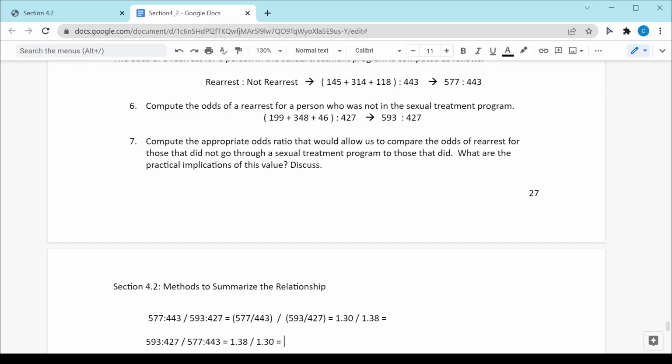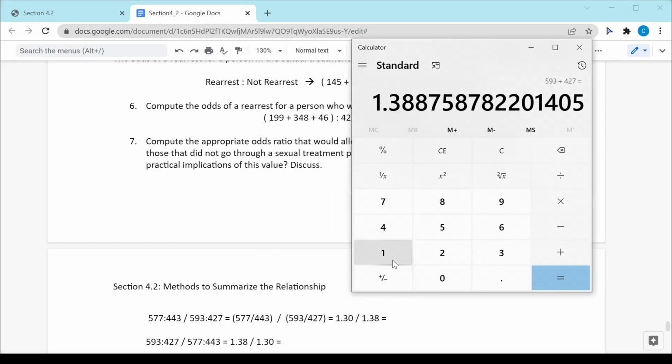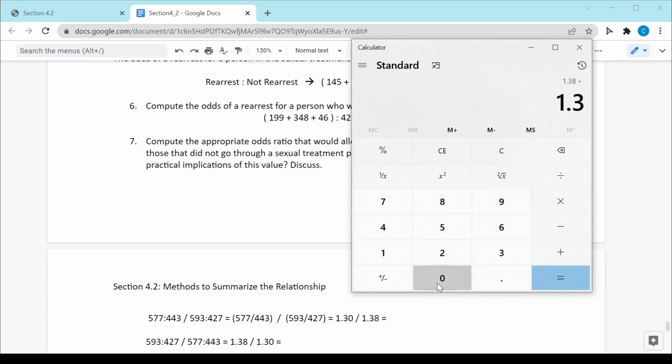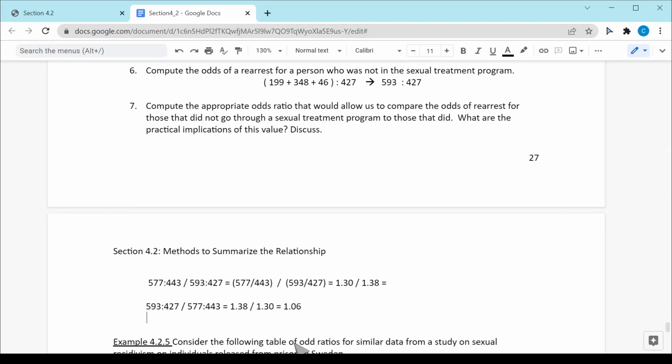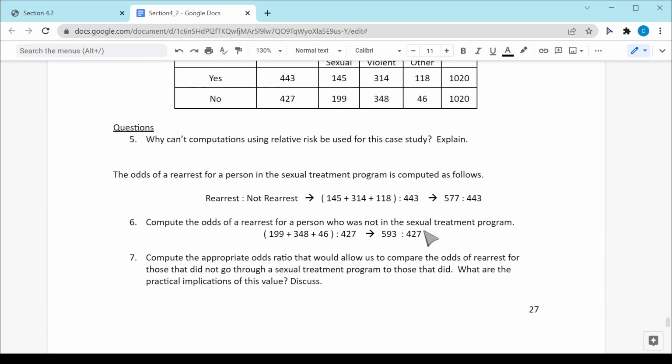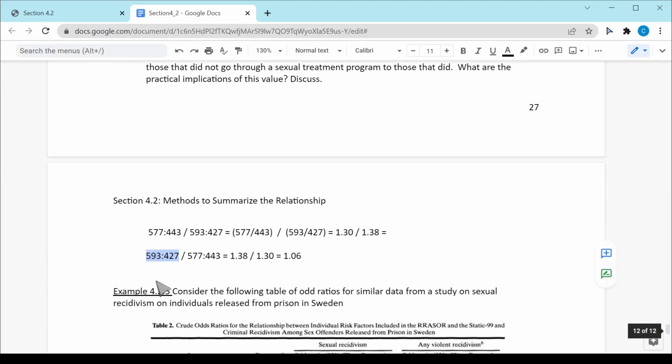Okay, so let's go ahead and figure out that last 1.38 divided by 1.30, and I get about 1.06. The 593 and the 427, those are the odds coming from not in the sexual treatment program.